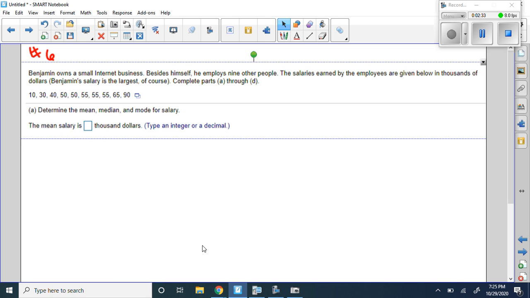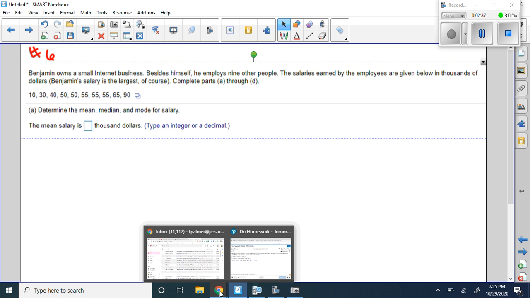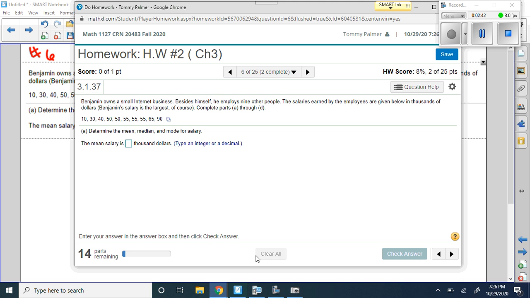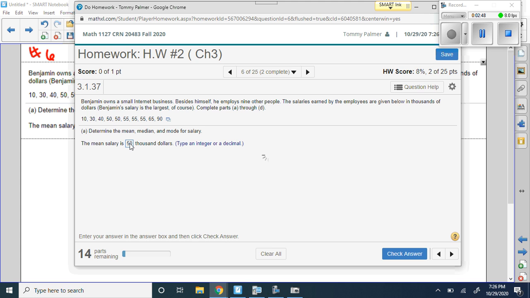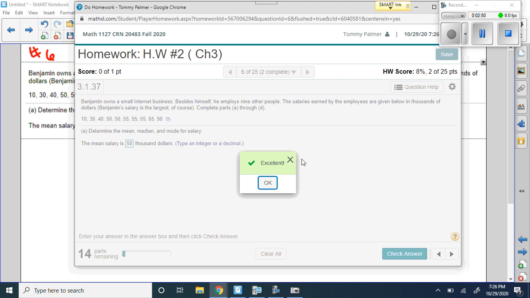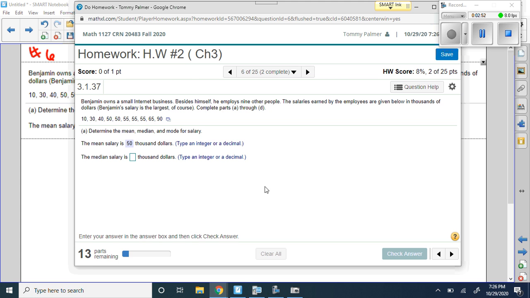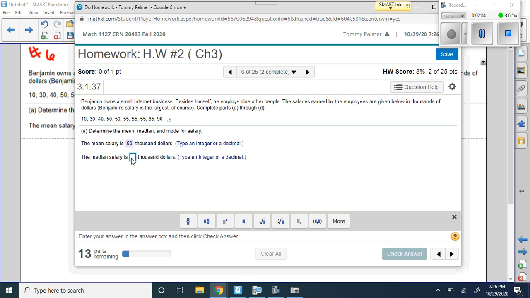So doing this, let's go over here. I type this in, and the mean is 50. All right. The median, we said, was 52.5.